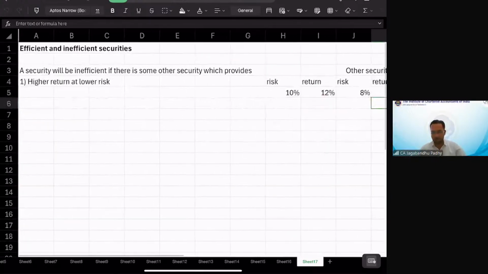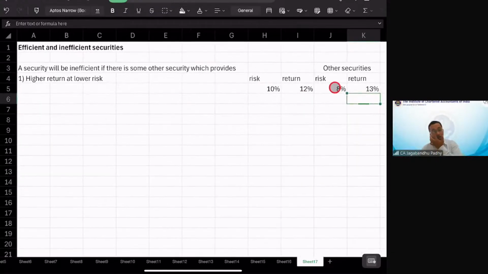Obviously, as a rational investor, we would like to invest in this other security where the risk is lower and return is also higher. And therefore we say that the given security is inefficient.